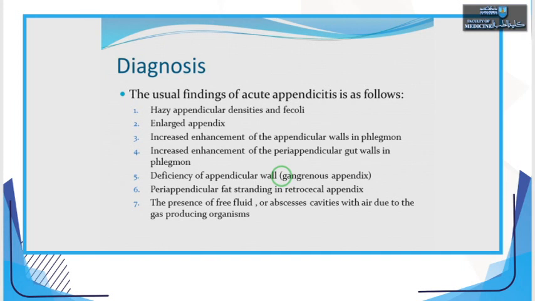Phlegmon means an inflammatory process joining organs together without the presence of pus. Deficiency of the appendicular wall means a gangrenous appendix. Also seen are periappendicular fat stranding, retrocecal appendix, and the presence of free fluid or abscess cavities with air due to gas-producing organisms or due to perforation of the appendix.